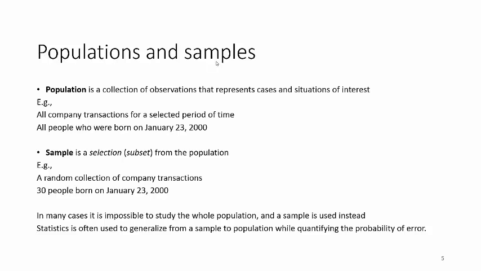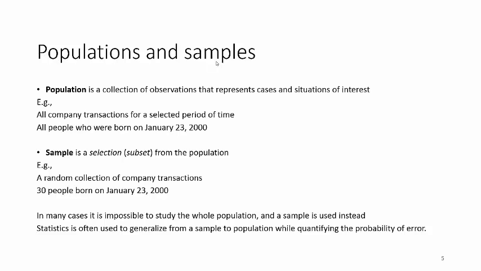But a sample consists only of observations drawn from the population. It is preferable to use populations instead of samples. However, it's often either costly or impossible to do so. So samples are used instead.